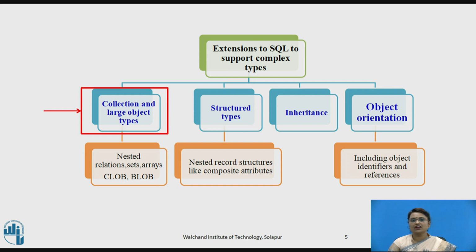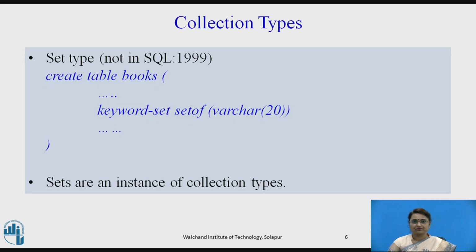Let us talk about the collection and large object types. Say, for example, we are defining a table called the books relation. Here we want to define a set of keywords. When we talk about the attribute keyword for a book, we cannot say that only one keyword is there.